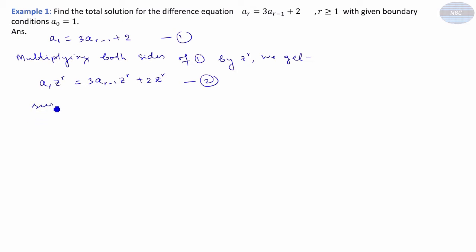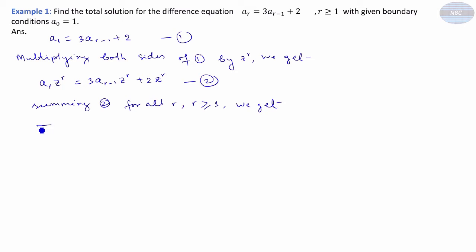Now we use summing equation 2 for all r where r is greater than or equal to 1, since we have the boundary condition a0 equal to 1 given.